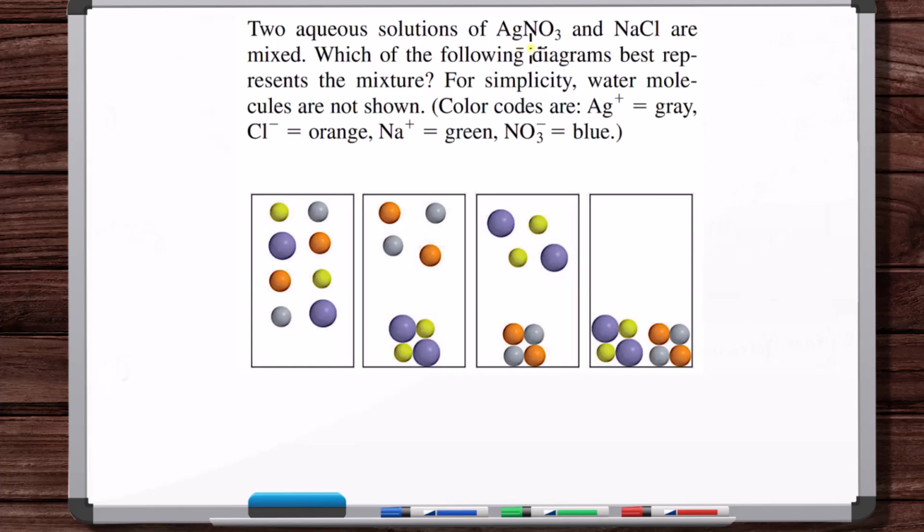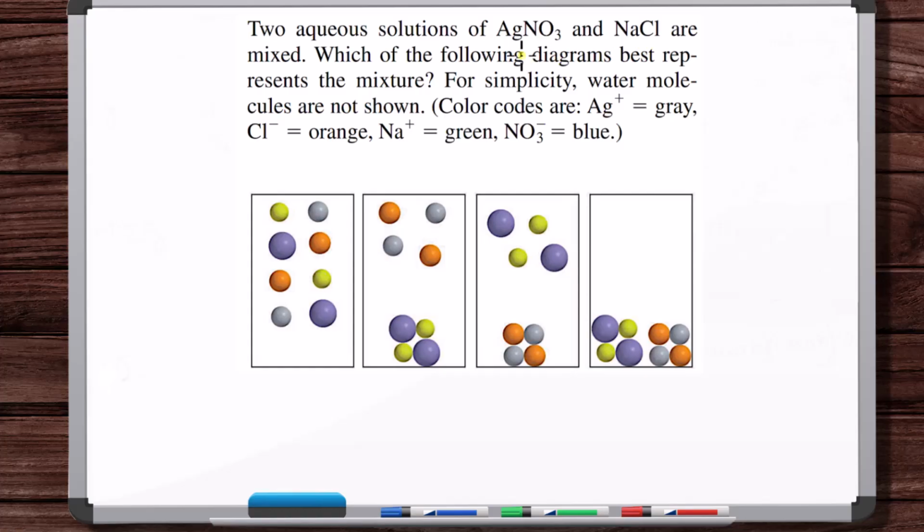Okay, so we know that these compounds are dissolved in water, but we also know that these are ionic compounds. In fact, all of the precipitation reactions that we're studying in this chapter are going to involve strictly ionic compounds. Which means that since these are ionic compounds, they're strong electrolytes as well.